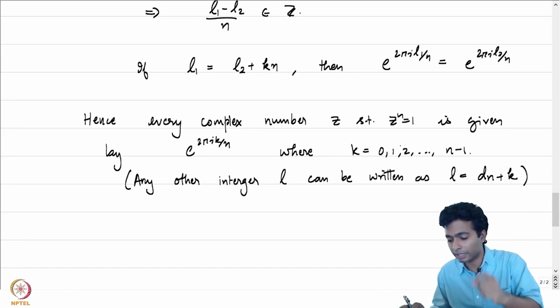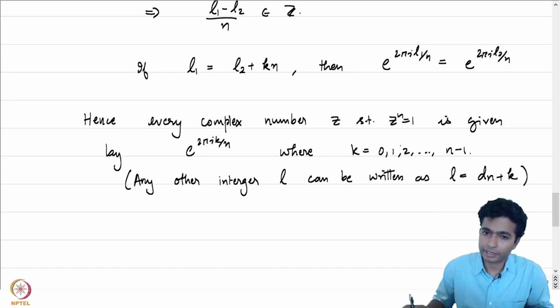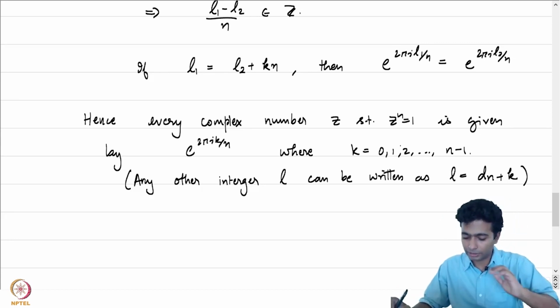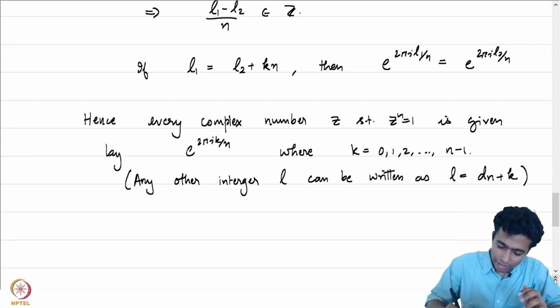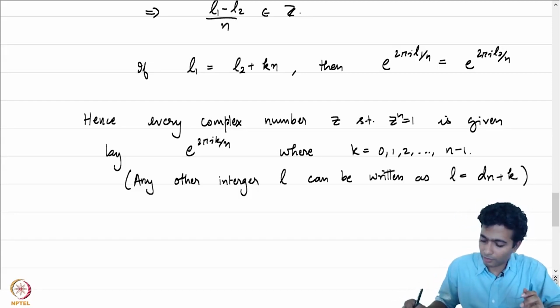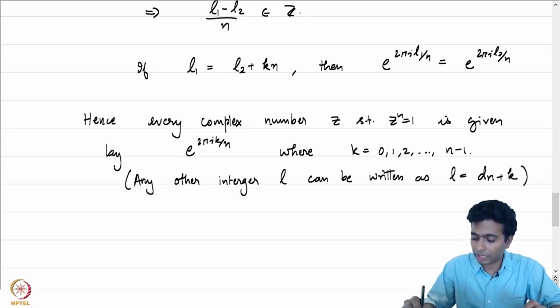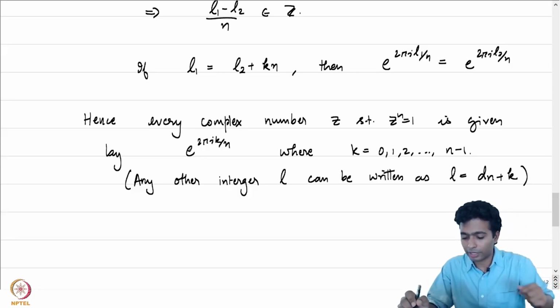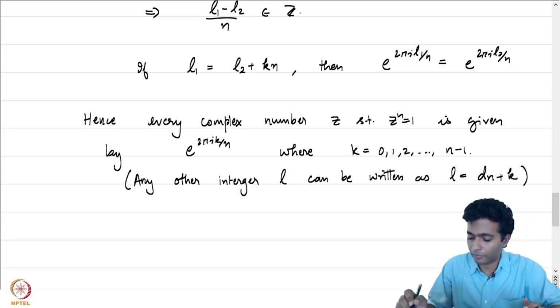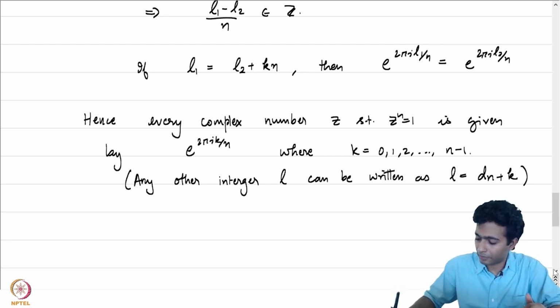Notice that since L and dn are integers, k is also going to be an integer, and by using this division algorithm, every complex number which satisfies z to the power n equal to 1 can be written in this manner for k from 0 to n minus 1.